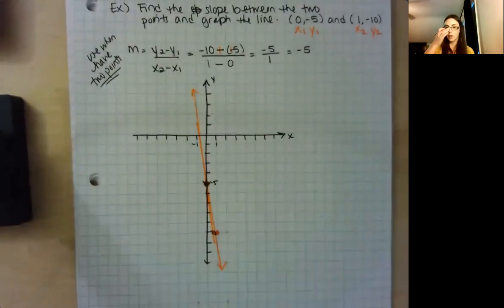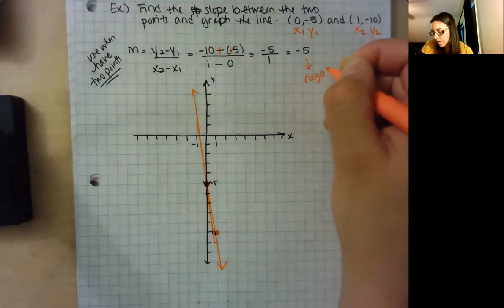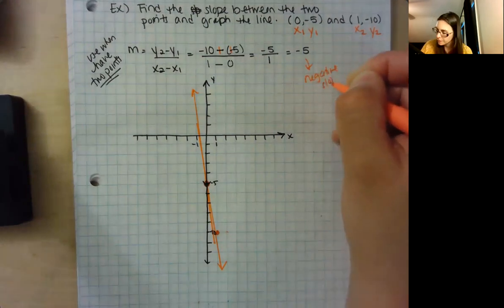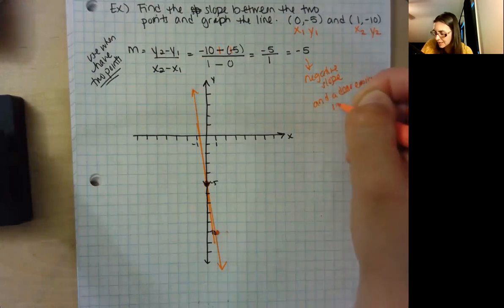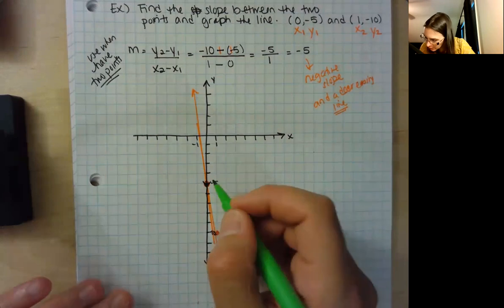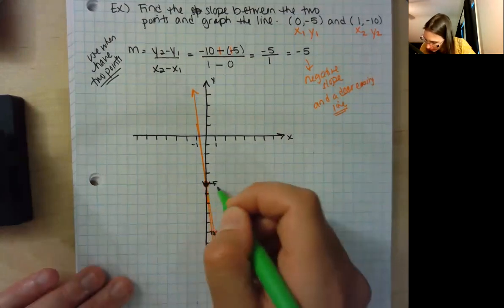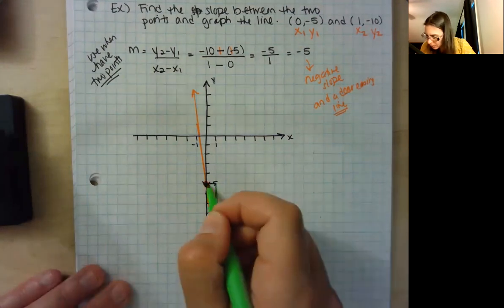All right. So what I want you to notice here is that I have a negative slope and a decreasing line, right? So we see that same pattern. And if I want to look at the actual change between those 2 points, I can just draw a triangle. It doesn't matter how I draw my triangle. So this way, I see a change of 1.